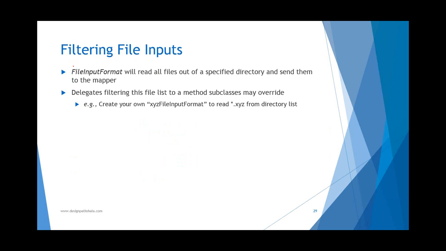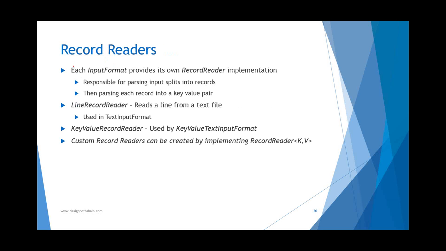So file input format will read all the files out of a specified directory and send them to your mapper. And the record reader in between creates your records, by which your data is split into key and value pairs. So there's a record reader associated with each input format.